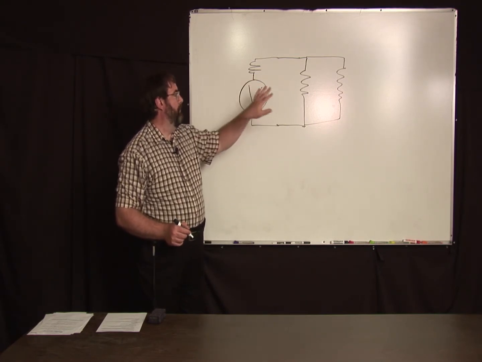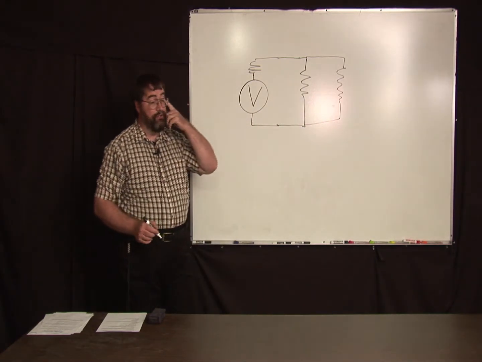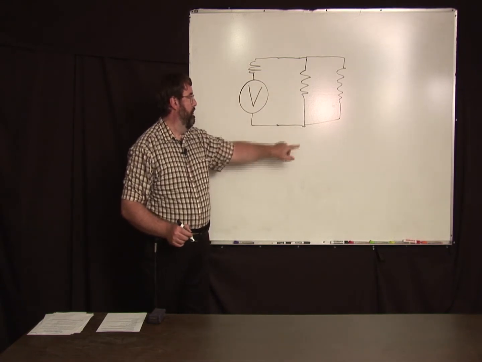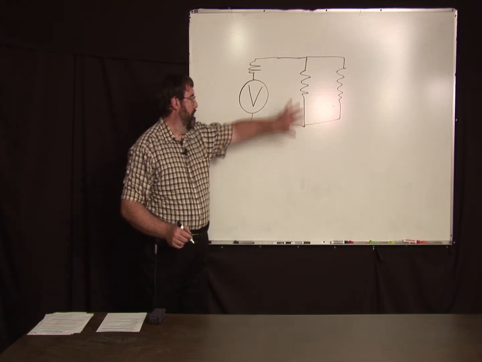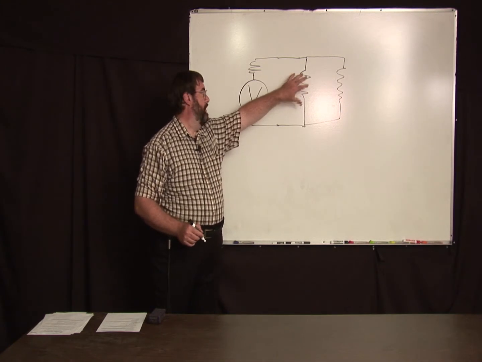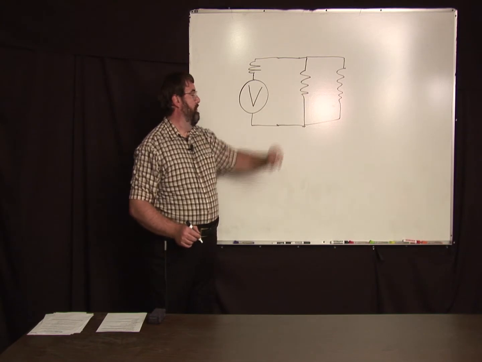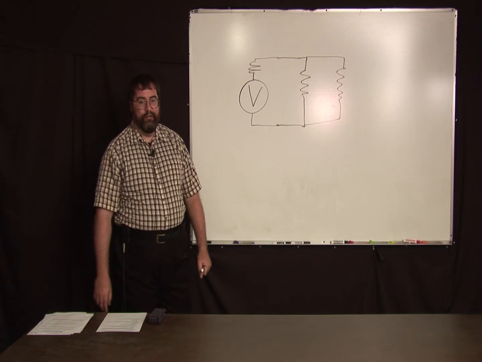What I'm saying is you have a situation where whatever current you had going through this resistor here to create the voltage is now split, and some goes down this path. So it may be the case that the voltage you measure is not exactly what the circuit has.